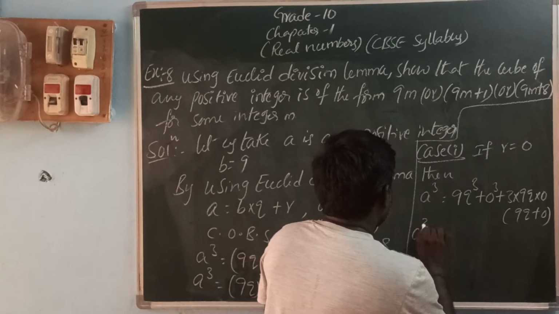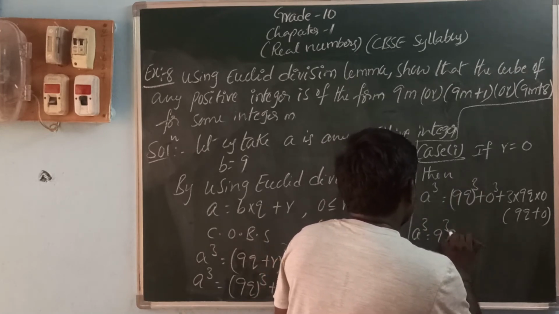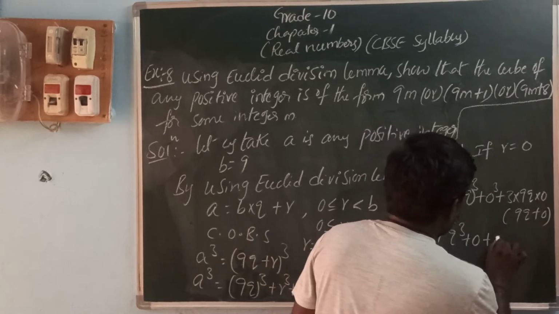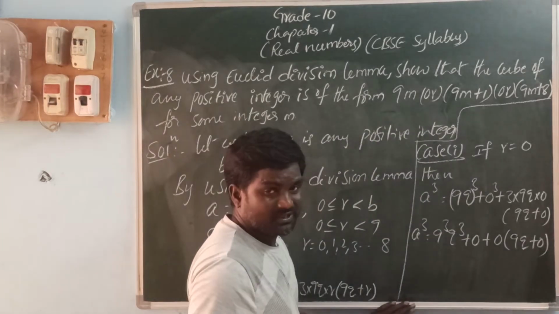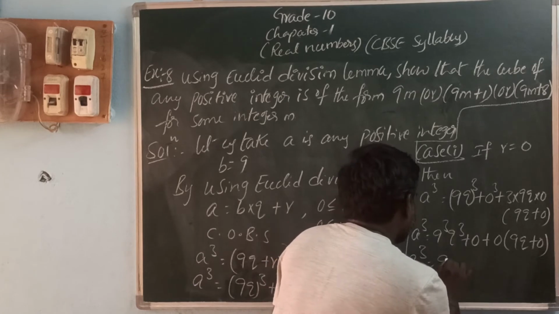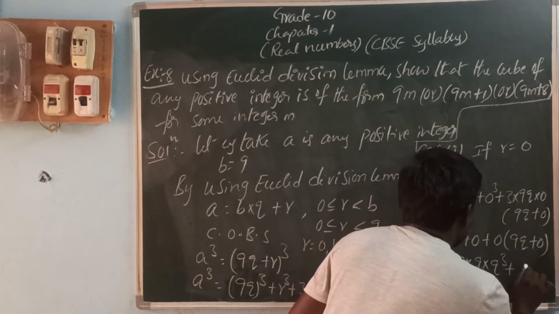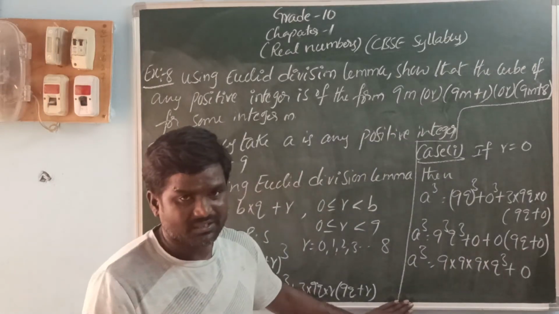So a cube is equal to 9 cube whole cube. Zero multiplied with anything gives 0. So a cube is equal to 9 cube, which we can write as 9 into 9 into 9 into cube, plus 0. Zero added to anything gives the same.